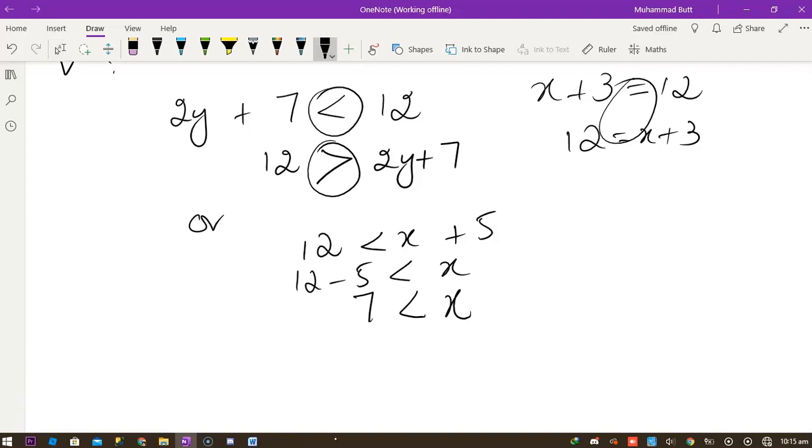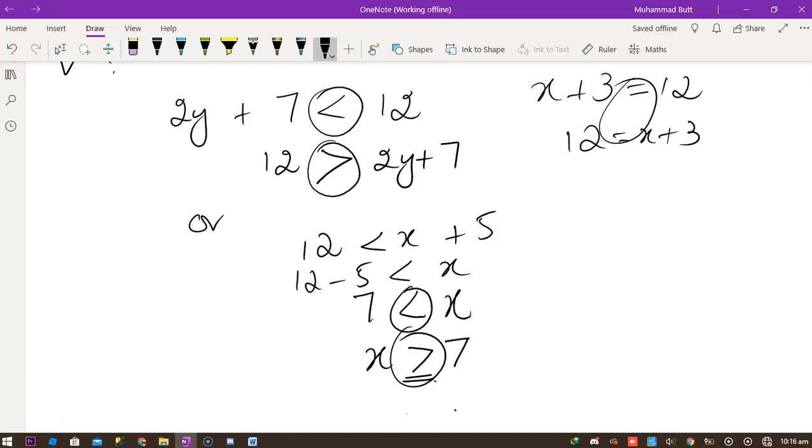So when we are putting x on the left hand side, the sign will be changed. 7 is less than x means that x is greater than 7. So the sign will be changed. So in inequality, when you have to swap the sides, the signs are reversed. Otherwise, the calculation is similar to the solution of a linear equation.